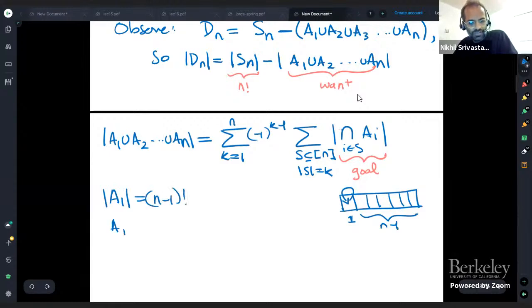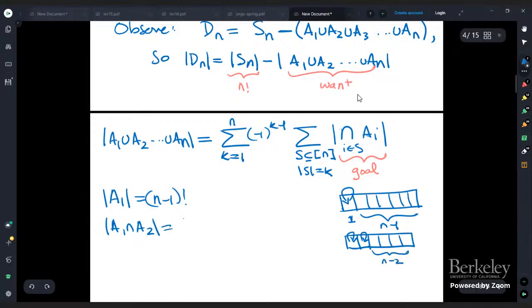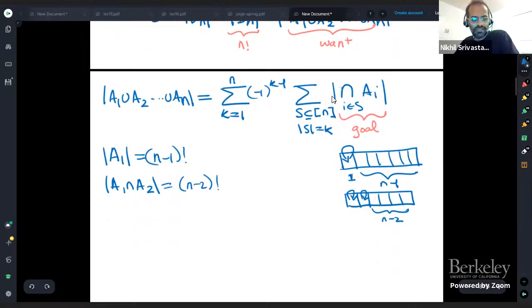What about A1 intersect A2? That's permutations which fix the first 2 elements. That's (n-2) factorial. So in general, if you fix k elements, then the size is going to be (n-k) factorial.